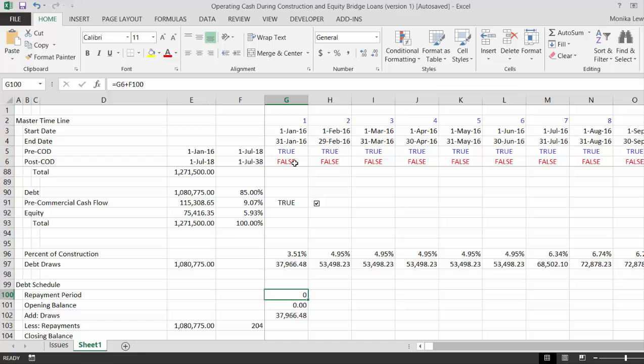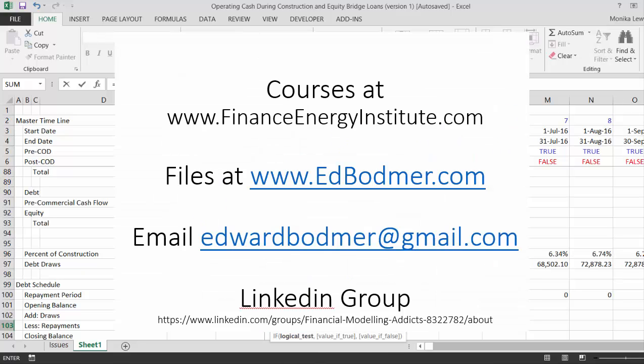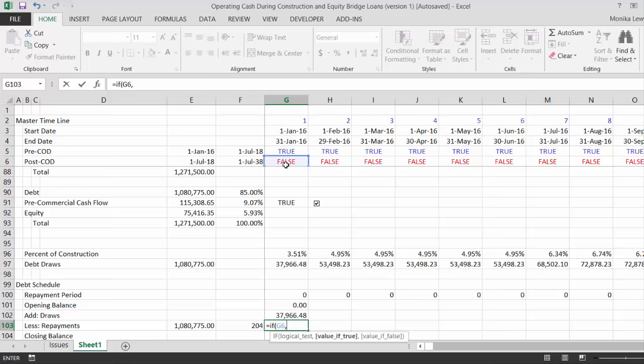So we don't have anything until later on, and the repayments are going to be, if it's the post-COD, might have to do a little bit better than that.